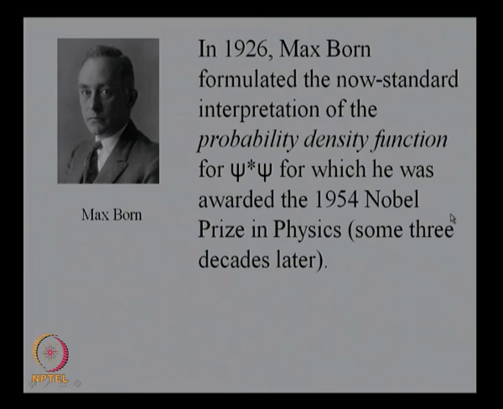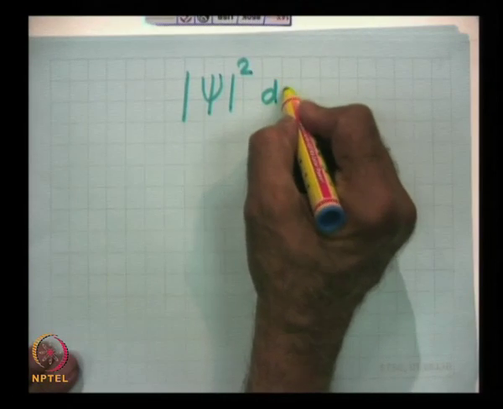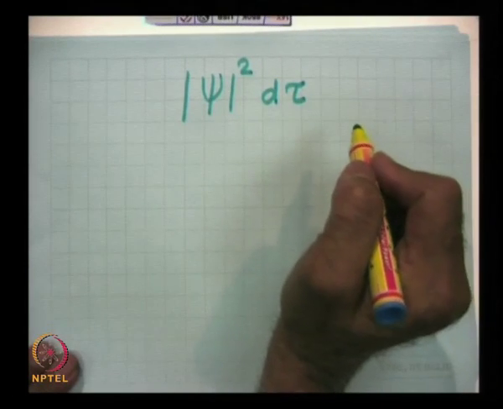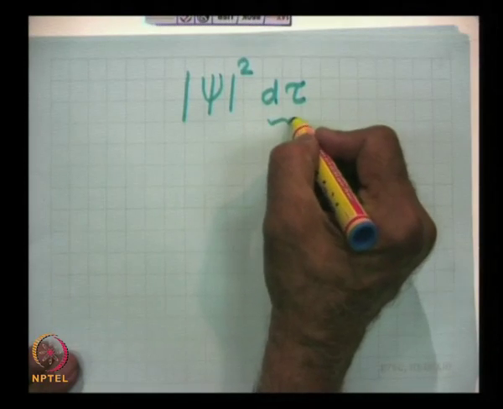In 1926 itself, Max Born formulated the new standard interpretation of the probability density function for psi star psi, for which he was awarded the 1954 Nobel Prize in Physics. So, mod psi square d tau represents the probability of finding the particle in the volume element d tau.